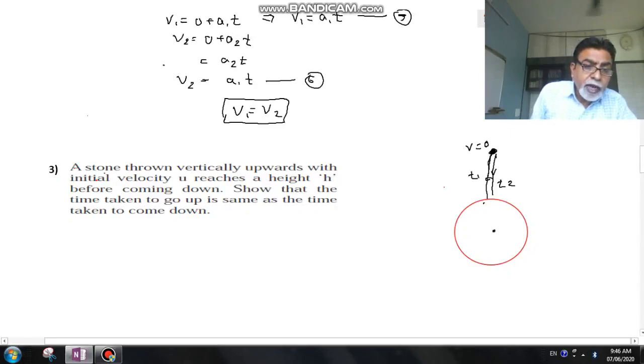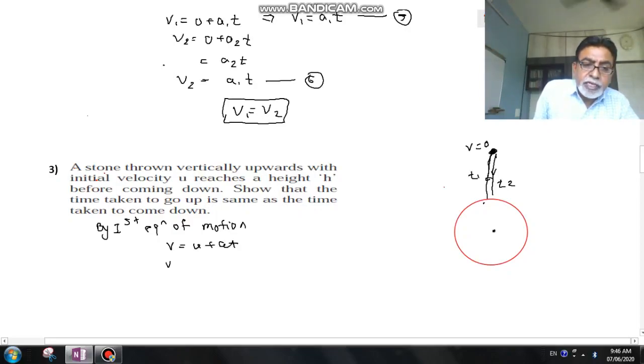Now, by the first equation of motion. What is the first equation of motion? v is equal to u plus at. So we'll put v equal to 0, and a equal to, since it is going up, g is acting vertically downward, so we take negative, minus g, and t we put t1, the time taken to go up.